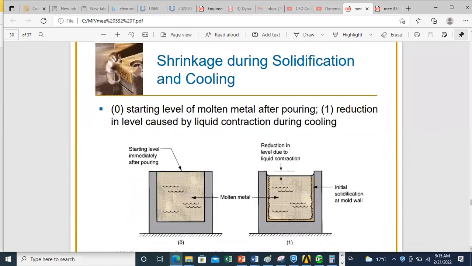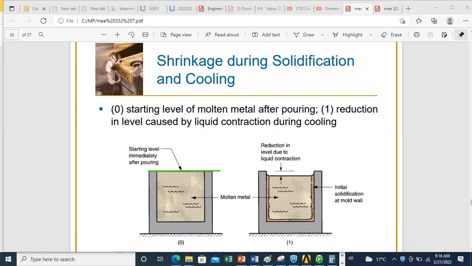Now let us see, we talked already about shrinkage during solidification and cooling. Let us have a certain idea about how shrinkage takes place. So this is an example. You have an open mold here. This is the starting level immediately after pouring, so after pouring you have the molten metal filling your cavity.